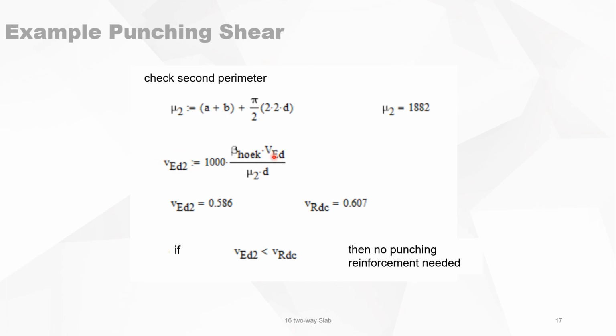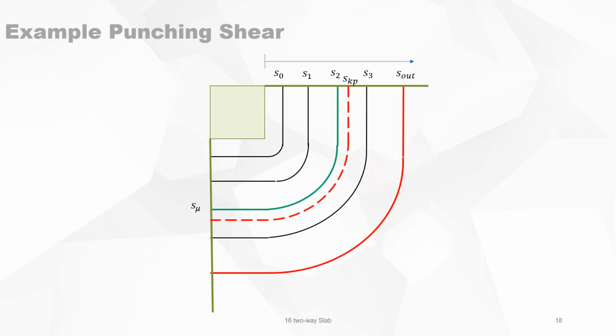We calculate the punching shear stress, which is 0.586, but this is smaller than the punching shear resistance given by concrete alone. So we don't need punching reinforcement in the second critical perimeter.